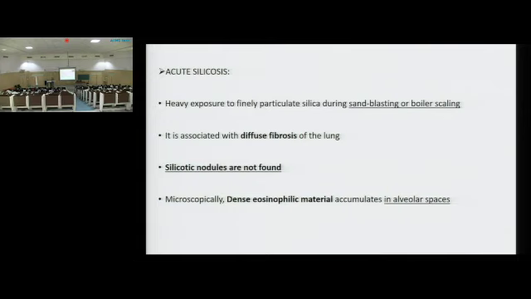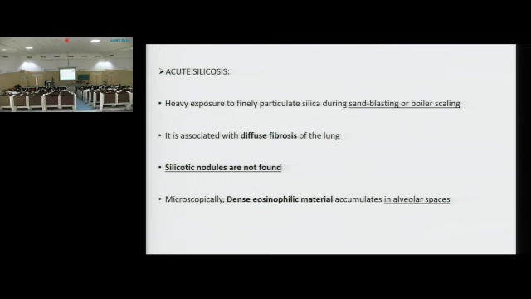I already told you silicotic nodules are not formed in acute silicosis, and microscopically they mimic alveolar proteinosis, with dense eosinophilic material accumulating inside the alveolar spaces. In alveolar proteinosis also, similar pink eosinophilic material is seen microscopically. That mimics these cases of acute silicosis.